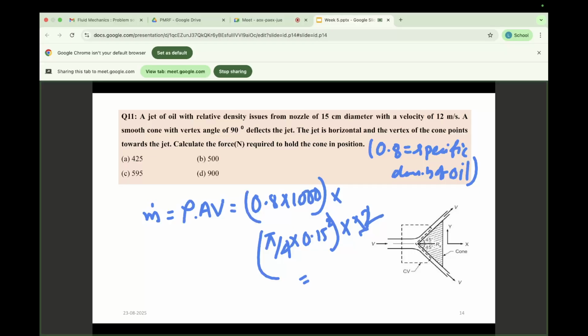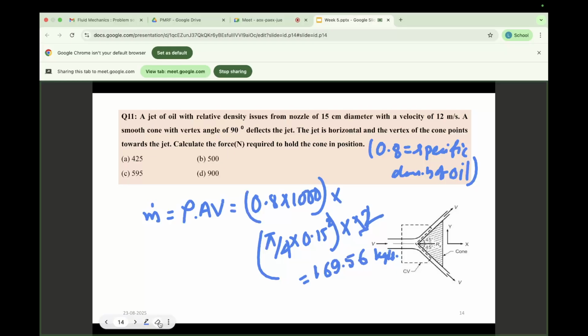So I can write it is 169.56. So that is the mass flow rate, in kg per second, right? So I got this mass flow rate.